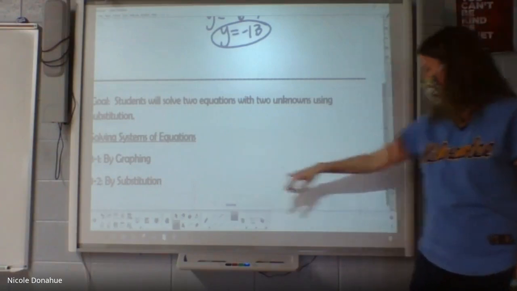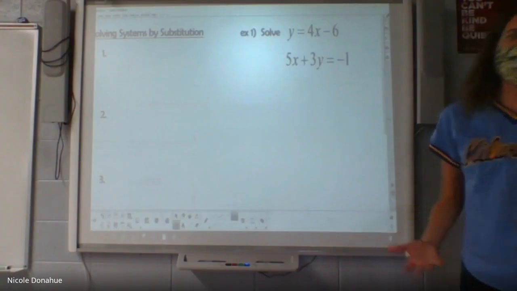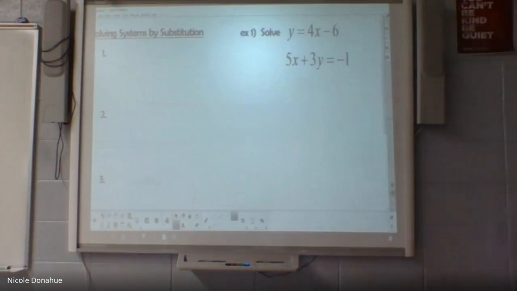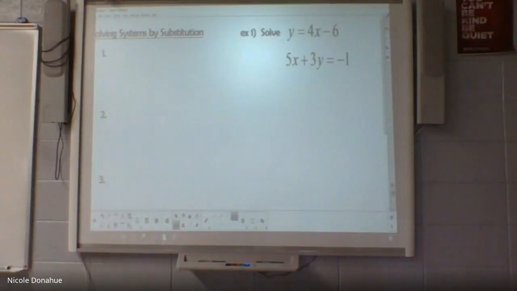Yeah, this is kind of going over what we talked about so far. This is just another way to solve systems. This isn't a different type of problem. We can solve this by graphing or we can do substitution.